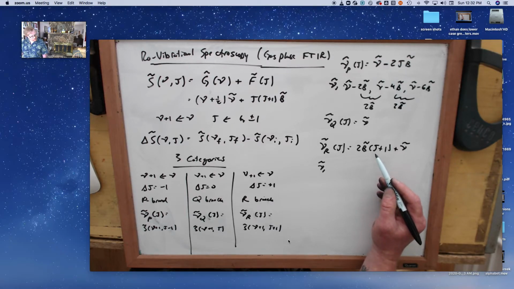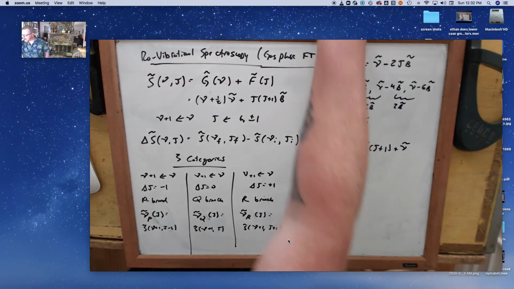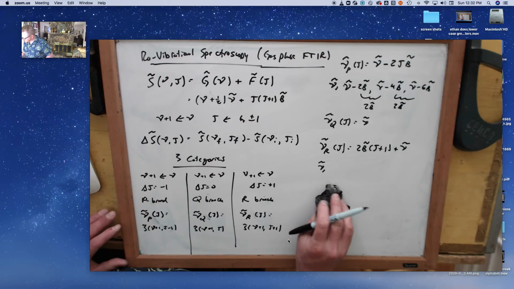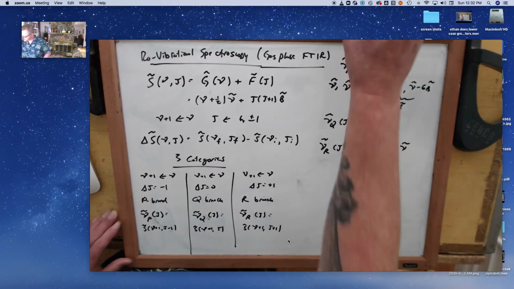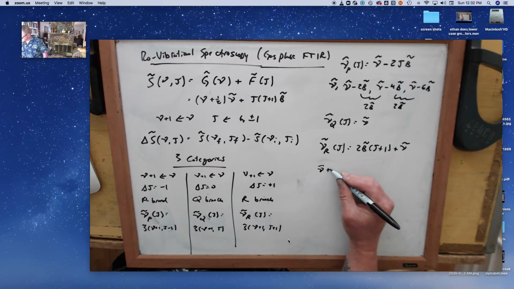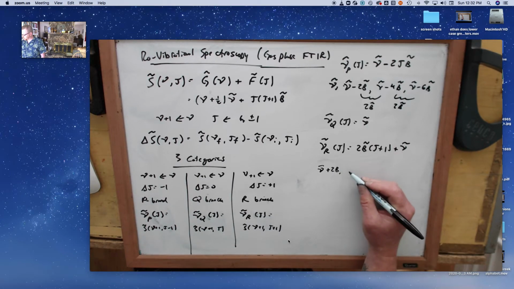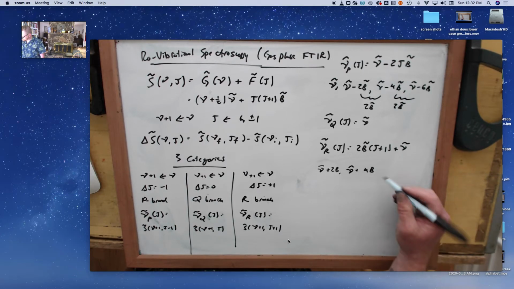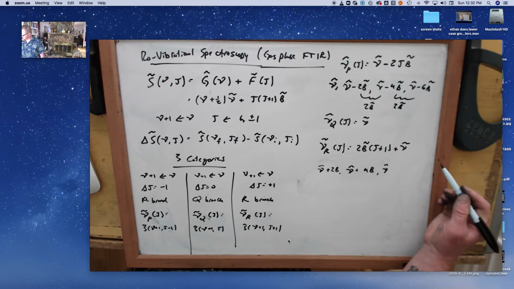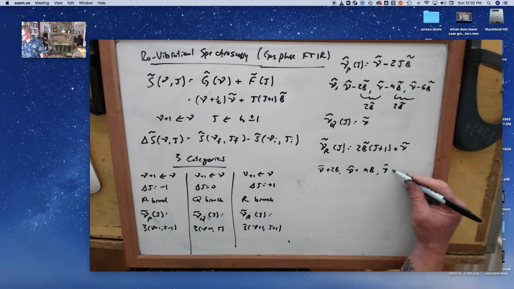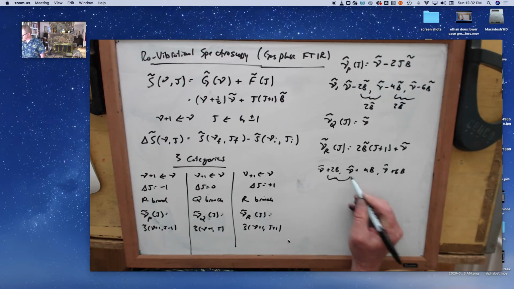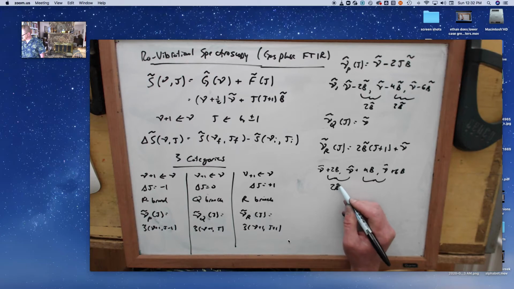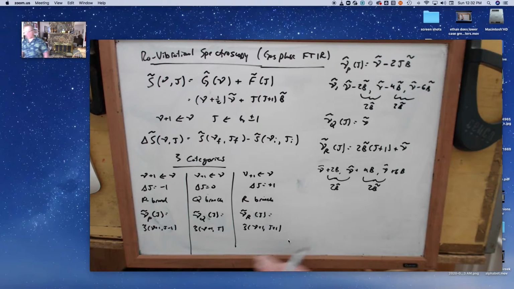So when j is equal to 0, it's nu plus 2b. When j is equal to 1, it's nu plus 4b. And then when j is equal to 2, it's nu plus 6b. So once again, you would see spacings every 2 times b.